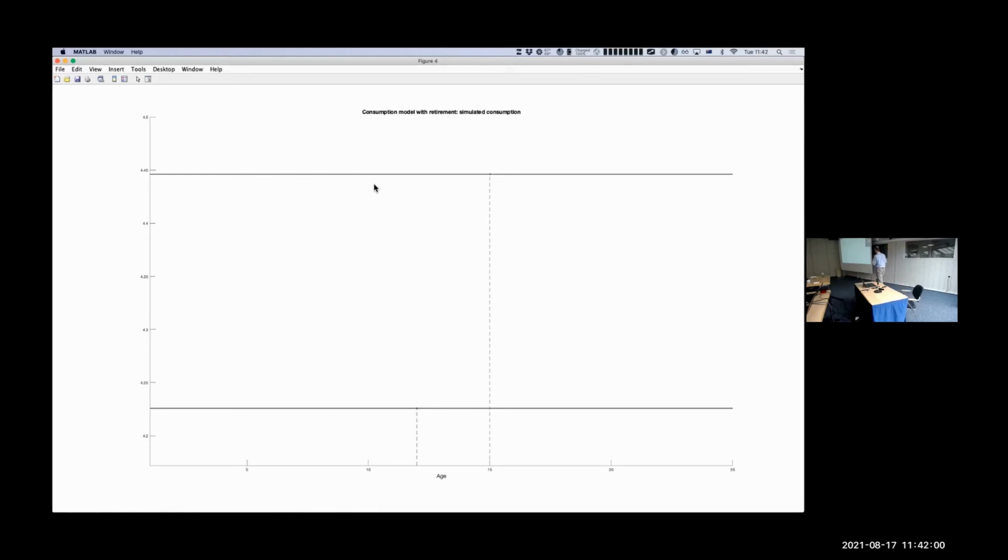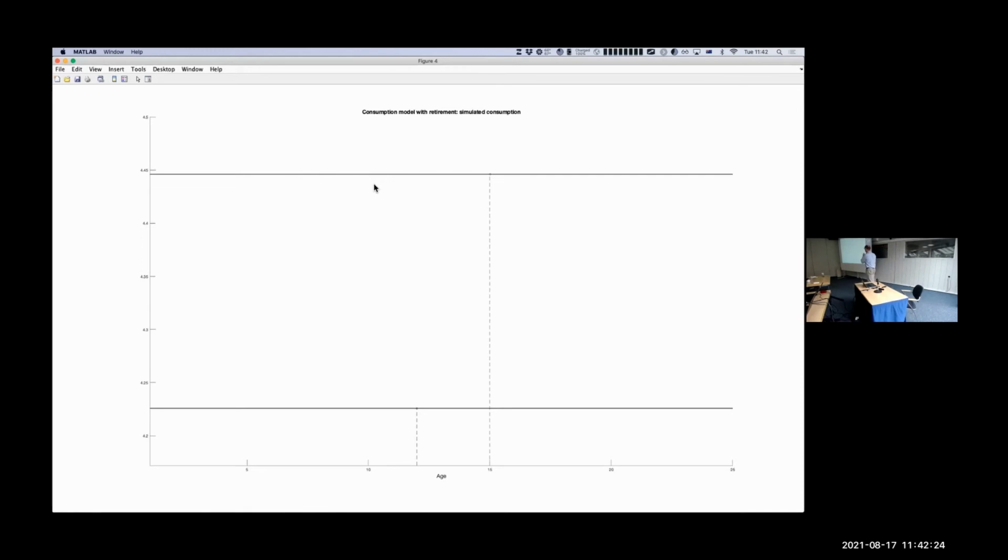I don't know if you can see these dashed lines. These are the points where the simulated agent retired. Okay, we've simulated the agent starting with this initial wealth. This is time on the horizon. I don't know if you can see these plots, but hopefully somebody can run this code on your own computers as well.